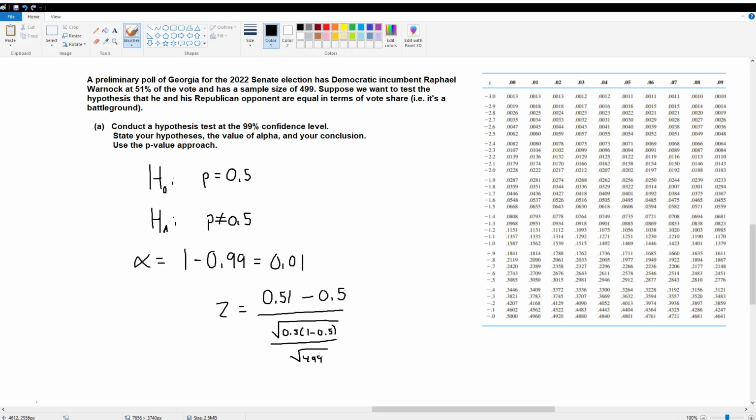A common mistake that many people make when computing these tests is they'll take the 0.51 and stick that in for these two. If you do that, you're going to get slightly different results, and although you may accidentally stumble upon the right conclusion, that'd be for the wrong reasons.